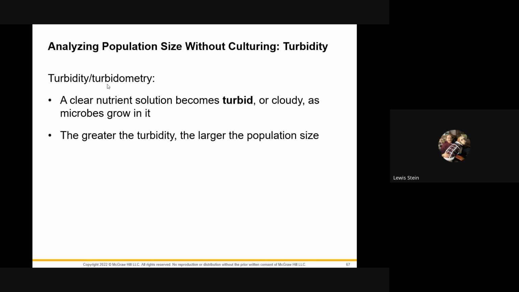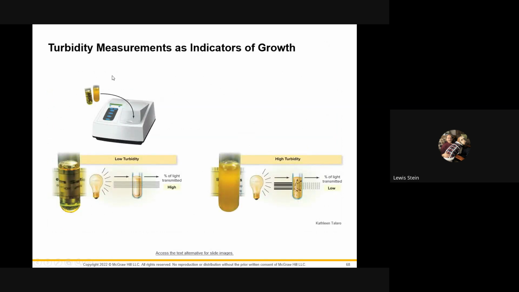Basically, this curve is created less by sampling than by turbidity. We looked at degrees of cloudiness as the measuring. I've been in labs in colleges and universities where we use spectrometry, and we don't do it here, but you could. So we look for turbidity a lot to create this curve.